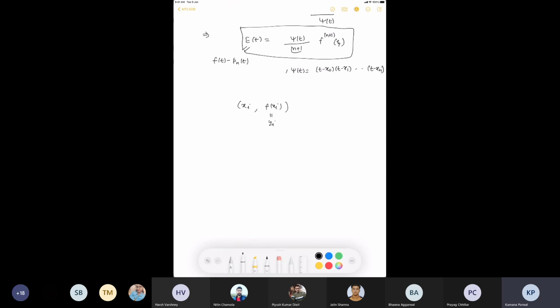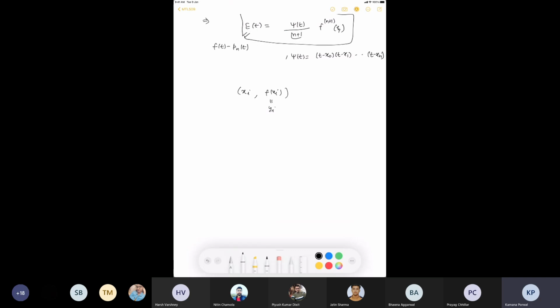That is, suppose I'm taking any point x, what is going to be the interpolation error there when you use this interpolating polynomial to find the approximate value, right? But mostly, if you exactly know the function f, you're not going to use the interpolation to find the approximate value. You will directly use the function, right?